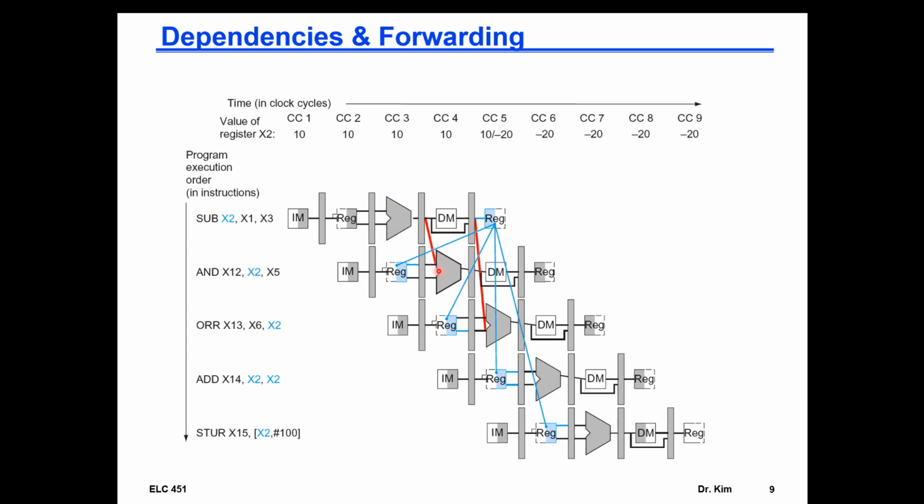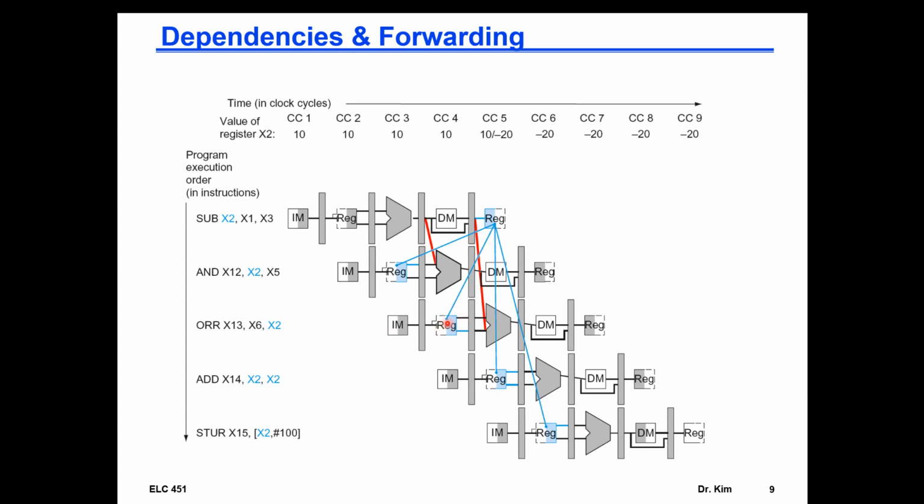We are forwarding from the execution stage of the previous clock cycle to this clock cycle's execution stage that value, because that's what it is. We cannot take it from the register file because that is a stale value. So now we grab the right value of register 2 and we do the ANDing operation here.